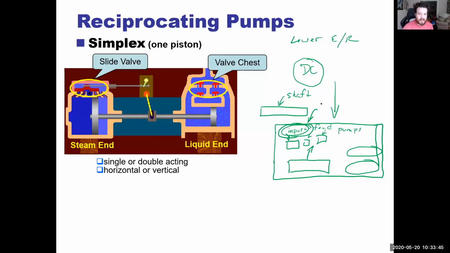So we're gaining all of that energy for free. It feeds into those feed pumps, then into the import feed pumps, and right after that it goes into the economizer and into the boiler. That's the importance of knowing where these systems are in the engine room and why they have a relationship to everything else.